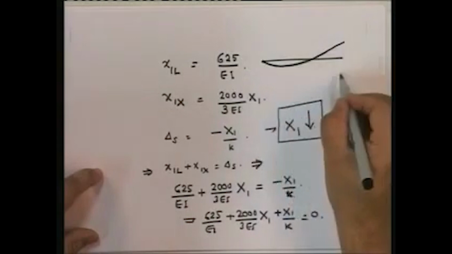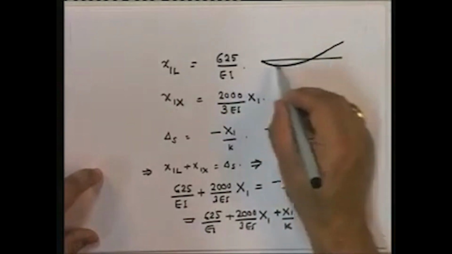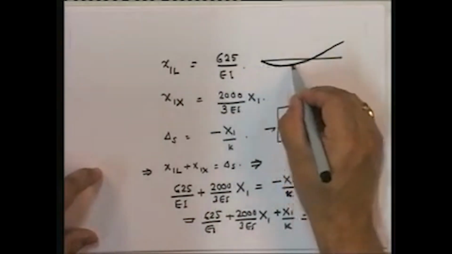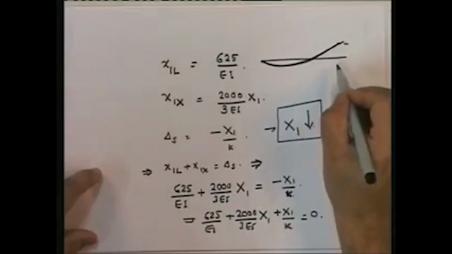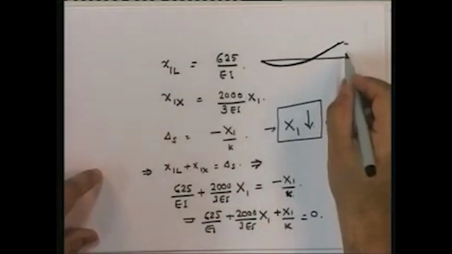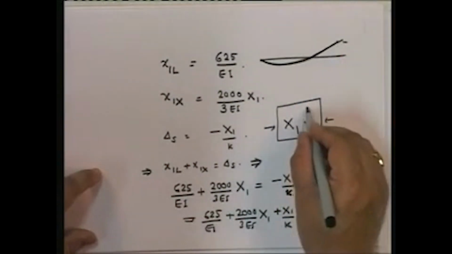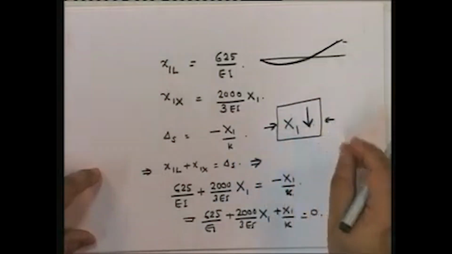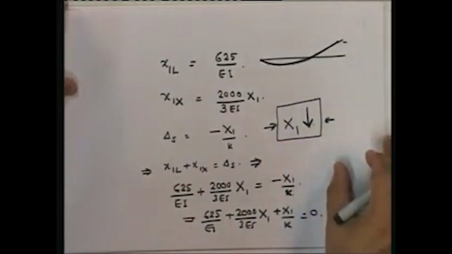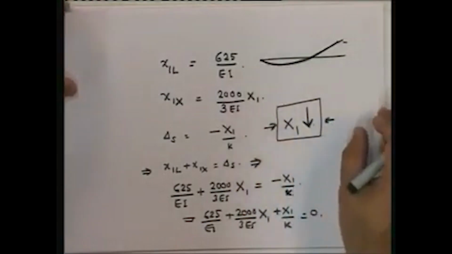Due to the loading, you're going to have a compression in the spring, but due to the deflection, you're going to have an extension in the spring. Therefore the compression in the spring is negated a little by the extension, and the value of x1 goes down due to the foundation flexibility. So this is how you consider the effect of foundation flexibility.